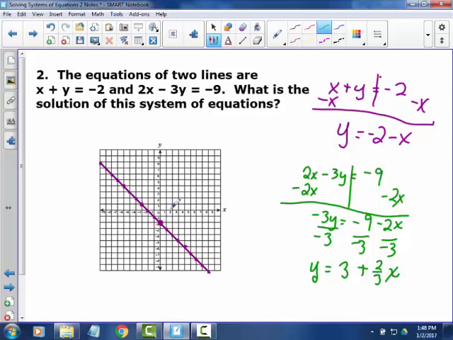Okay, so that means I'm going to go to 3 on the y-axis, 1, 2, 3, and then I'm going to rise 2 and run 3, or go up 2 and to the right 3. Okay. And again, I'm going across the grid completely.